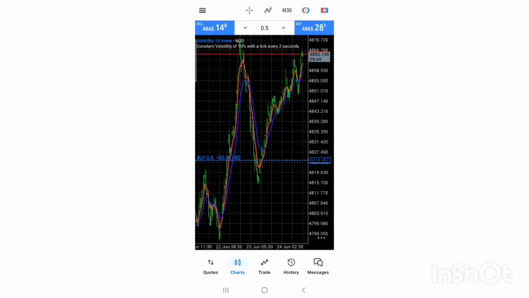For scalpers, you can use the 1-minute and 5-minute time frames. If you want to look for intraday trading entries, look at the 15 to 30-minute time frame. If you are about to swing, look for entries on the 1 hour time frame. So there we go, guys.